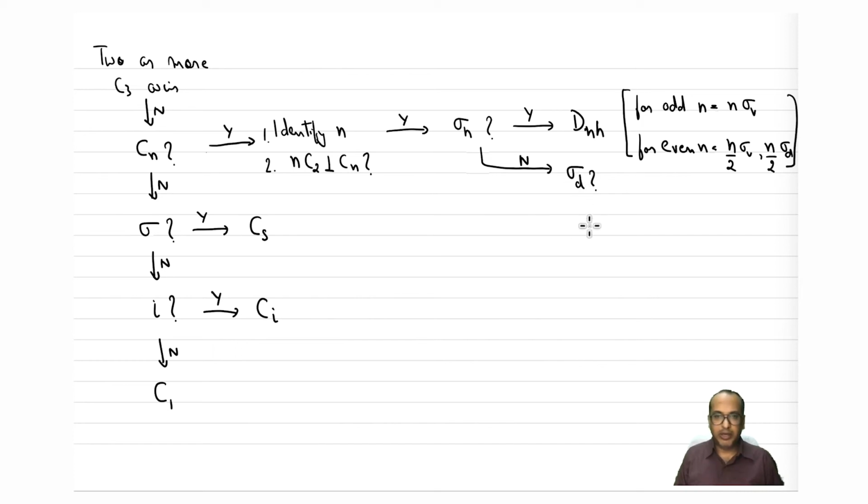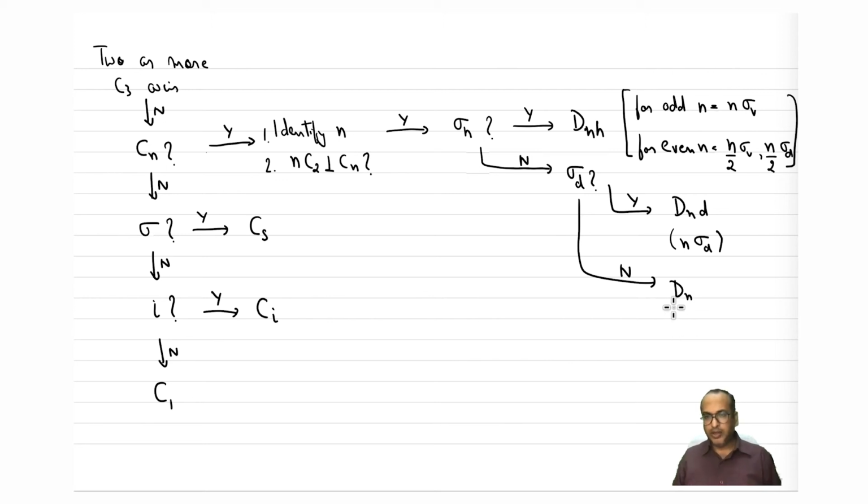If it is there, then you call this a Dnd point group, and there would be n sigma d's in this. So this will help you assign how many sigma v's and sigma d's will be present in any particular point group. And if there is no sigma d, then you call it a Dn point group.